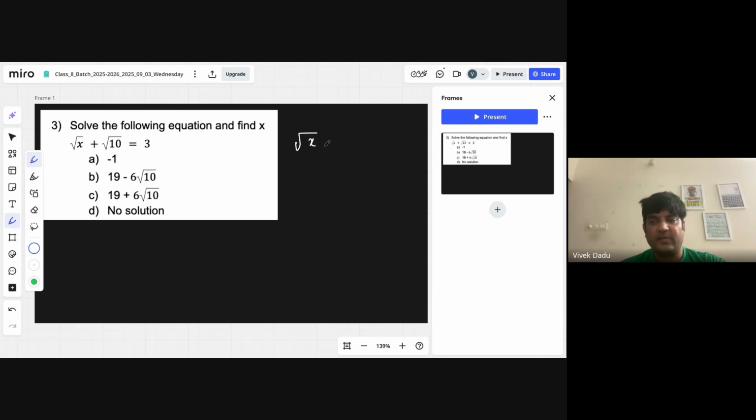Root x is equal to, right? And then you mark no solution and move forward. Think why. After this, you don't even need to solve. You might have solved and got 19 minus 6 root 10 and mark that as an answer.